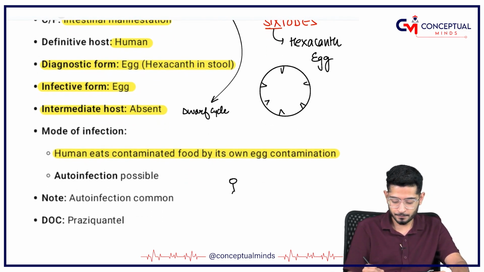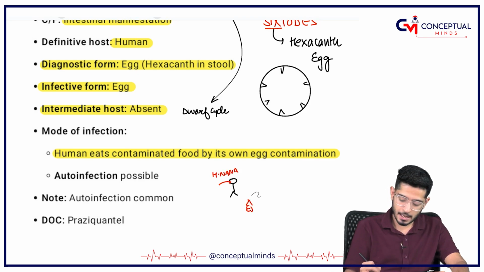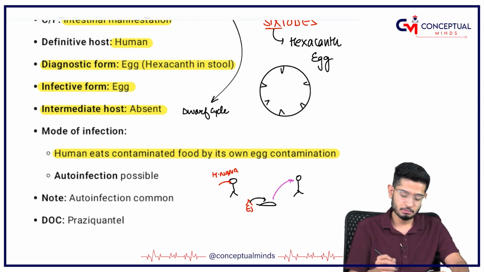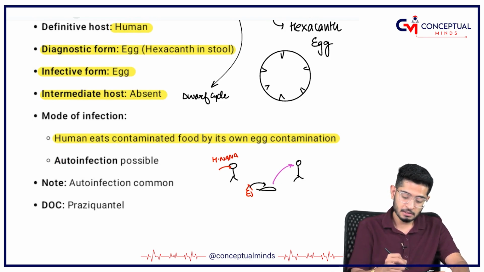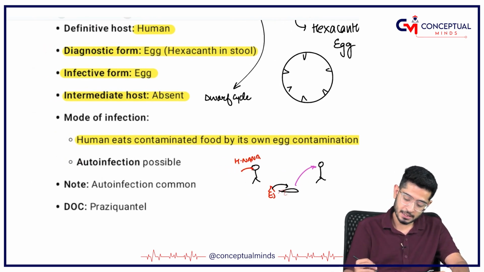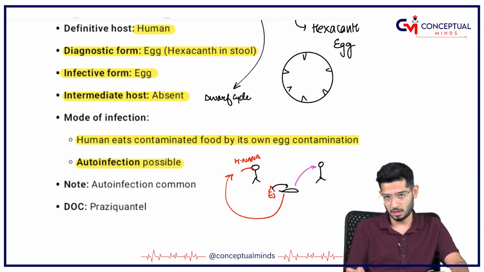One human eats, defecates, and the food will be contaminated with this defecation and will be taken up by the other person. One human to other, but he or she can eat their own contaminated food as well. So autoinfection is also possible.